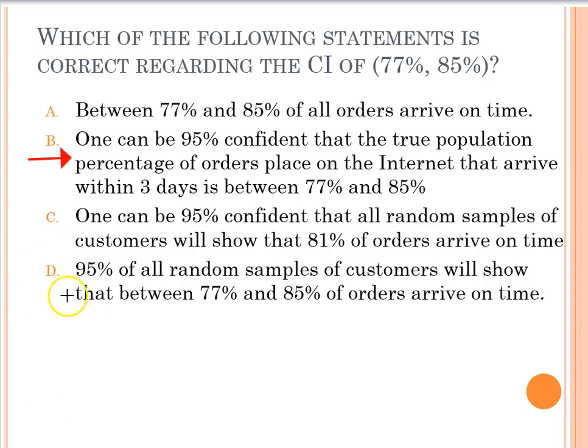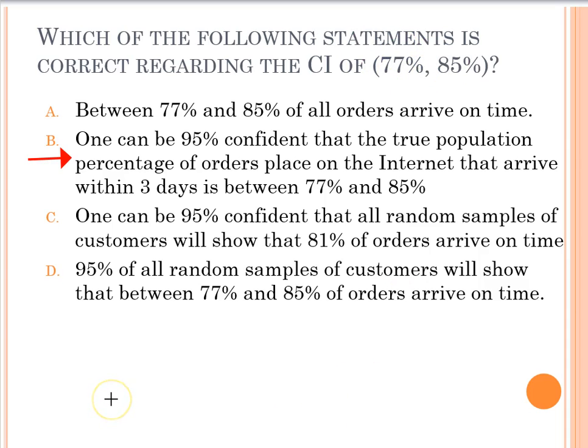Answer 4 is also suggesting that random samples don't vary. At least 95% of them don't vary and create this confidence interval that's exactly 77 to 85%. Now, we constructed our confidence interval based on one sample.